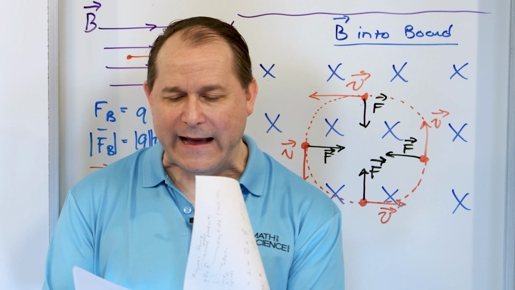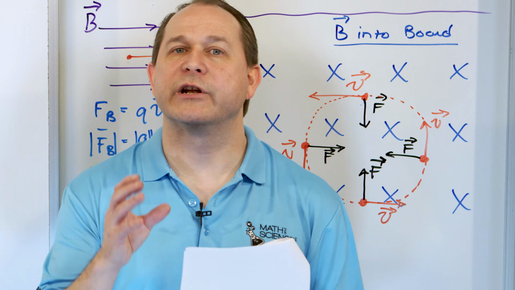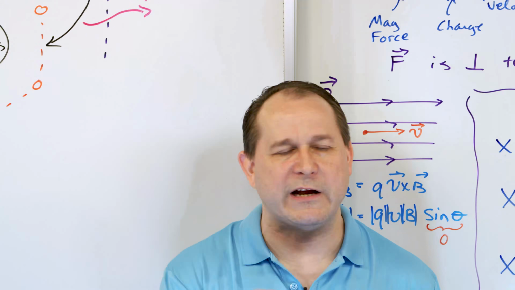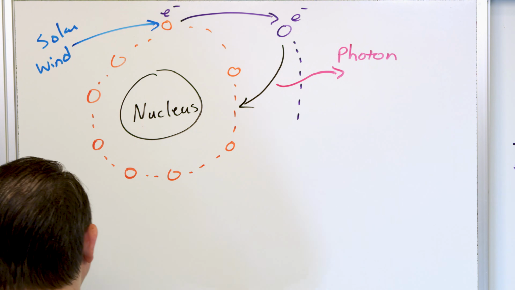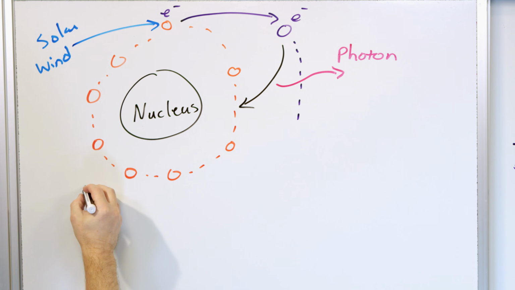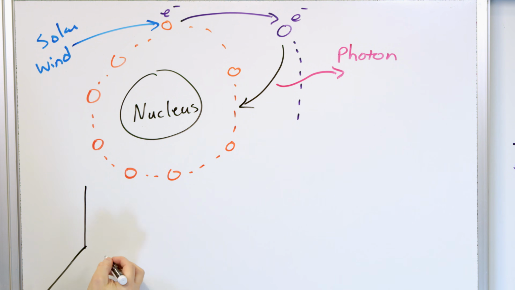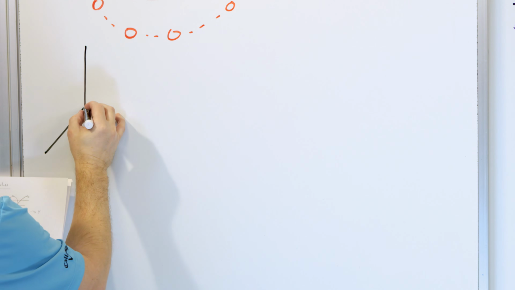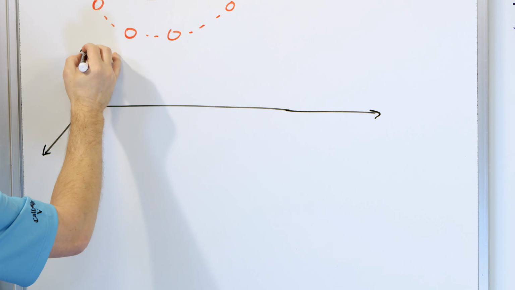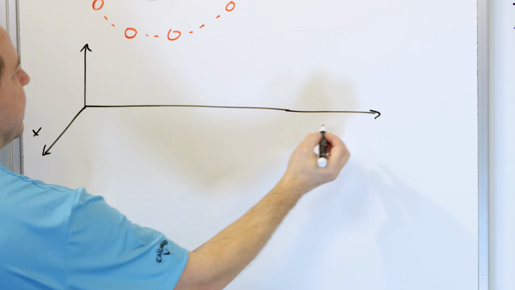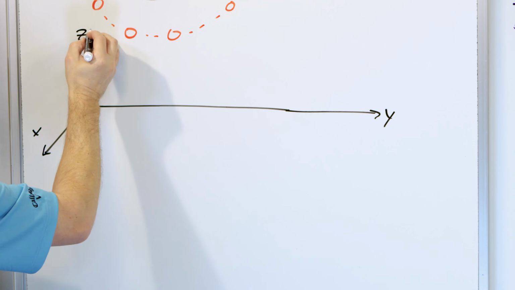So let's tie this back towards the aurora, and then we're going to conclude by talking a little bit about fusion and rocket engines. So let's go over here to this board. And let's sort of discuss what we have. If we have an XYZ coordinate axis, so this is like X, this is Y, and this is Z, right?